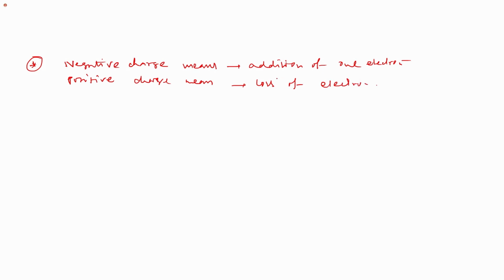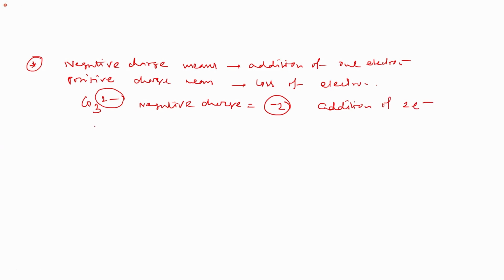For example, here we can say CO3 2 minus. Here the negative charge is minus 2, that means the addition of 2 electrons. Suppose NH4 plus, this is the positive charge, so that means the loss of 1 electron.